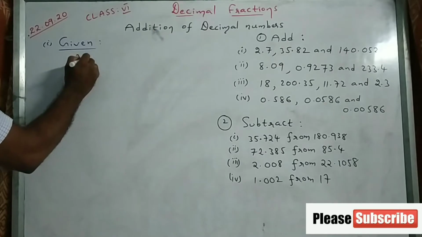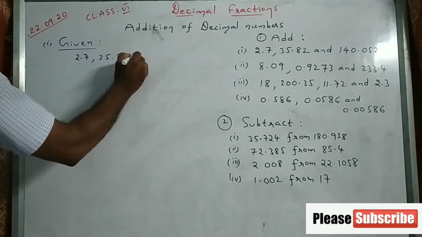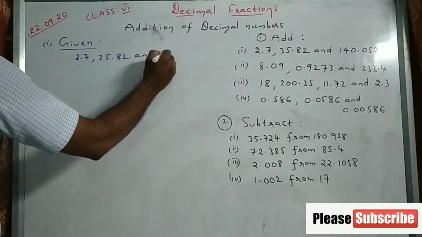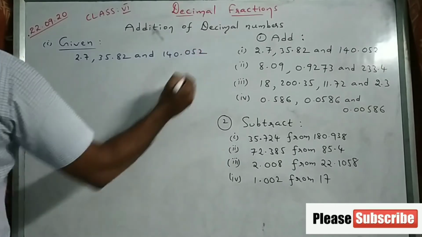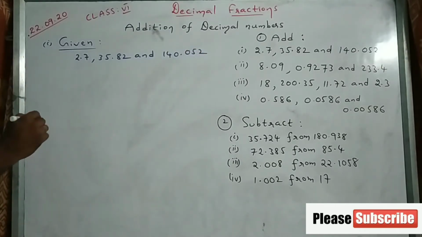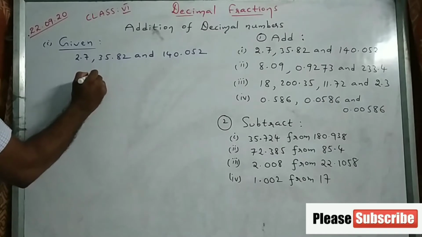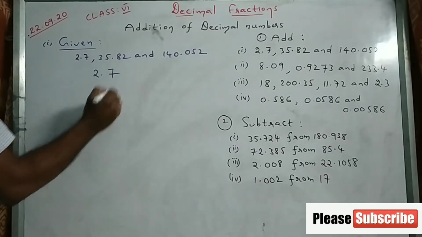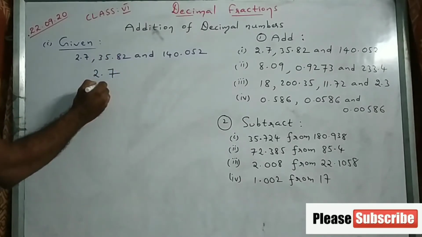So 2.7, 35.82 and 140.052. Now when we add them, you remember one thing. First you write 2.7, the first number given. All the decimal points should be in order.